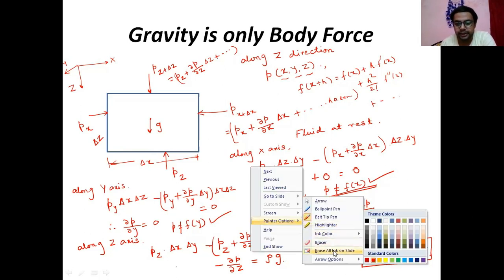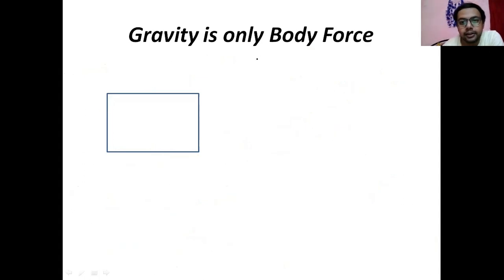Now, the fresh way we are writing it here: dP dz is equal to minus rho G. Whether rho, the density, is a constant, and G is a constant, we don't know.